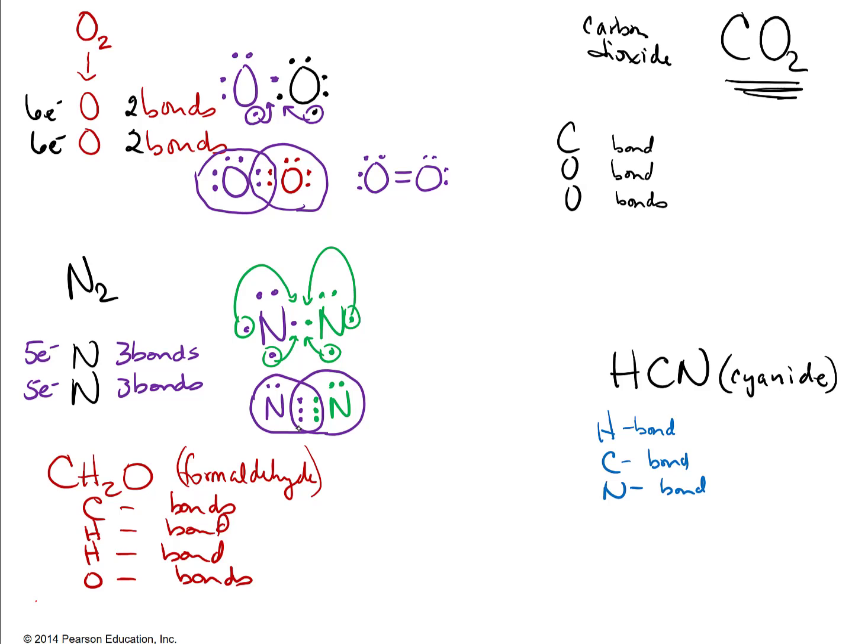They still have their non-bonding pairs, so there's 6 in the middle plus 2 non-bonding per nitrogen. That's a triple bond. Triple bonds, you don't see them all that much. Nitrogen gas is one of the few ones that you do see, and you would actually see 3 lines between them. Each one represents a pair of electrons.